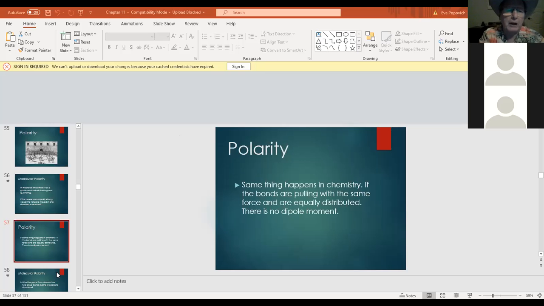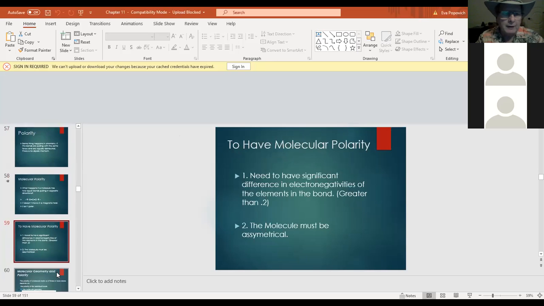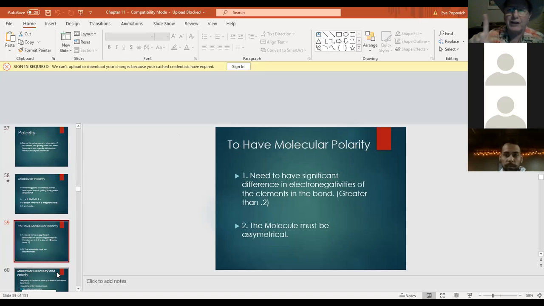So in order for the molecule to be polar, two situations have to be satisfied. The first thing that has to happen is the molecule has to have polar bonds. The second thing is that the molecule has to be asymmetric.